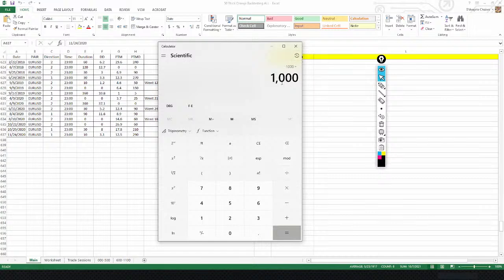I use 1,000 because about 200 trade days in a year times 5 is 1,000, right? 2, 4, 6, 8, 10. So 1,000 trade days divided by 636 is about 1.5 trades a day.